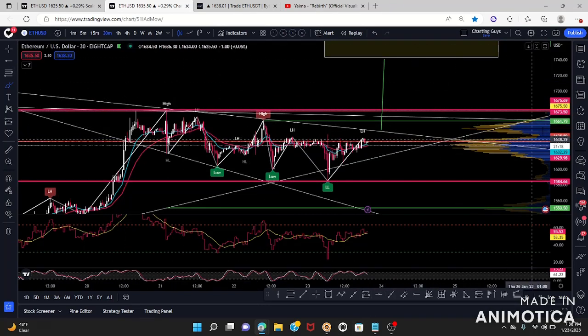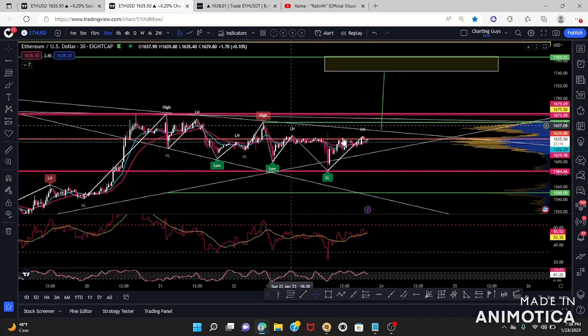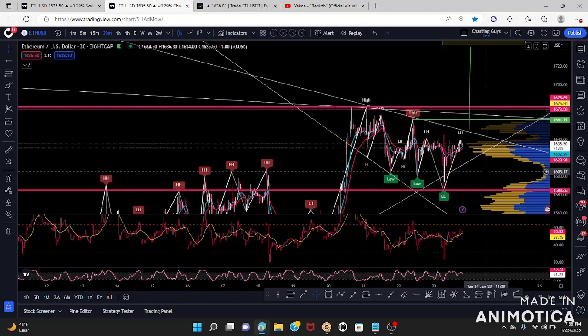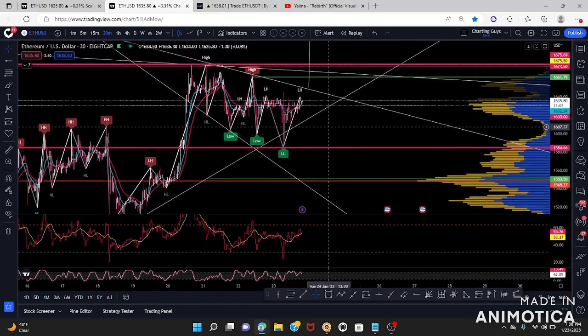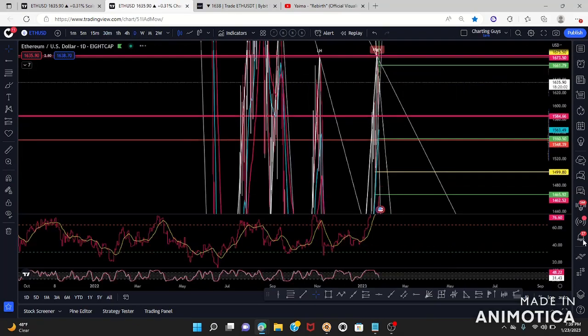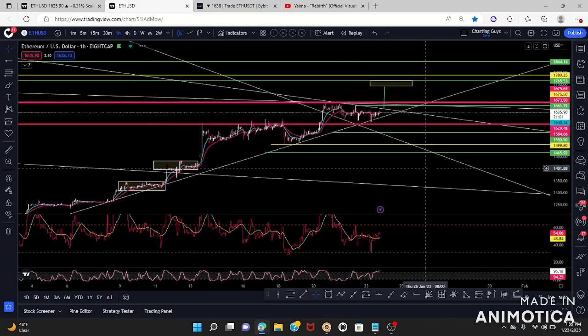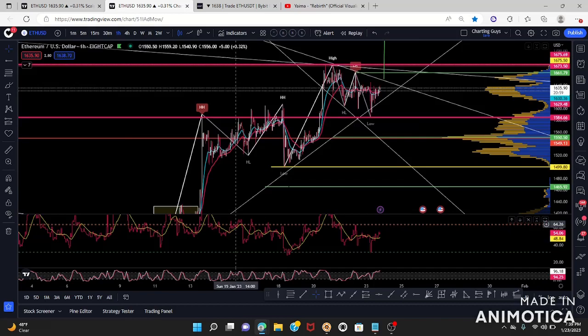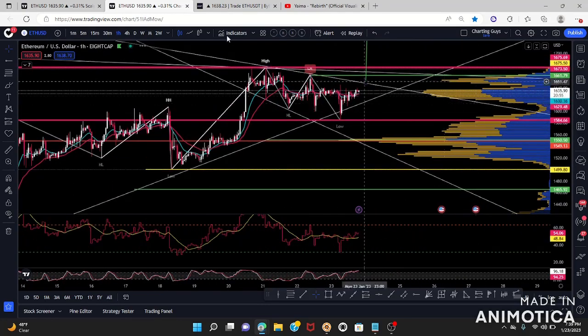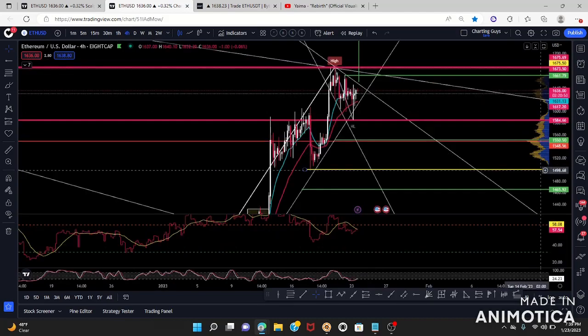And if it comes right, but you always have to have two scenarios. That's our bullish scenario that could be playing out today or soon. And if it decides to break down, it would break this daily trend line. And again, for me to take a short, it has to break this daily trend line, and my 12 and 26 EMAs have to cross to the downside.